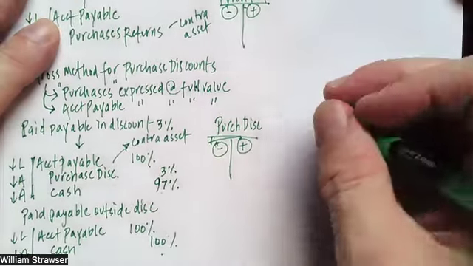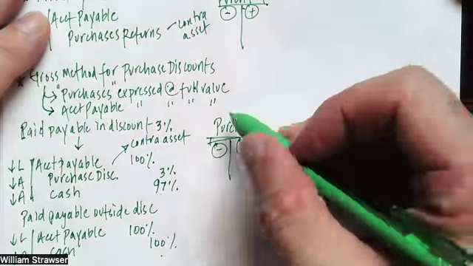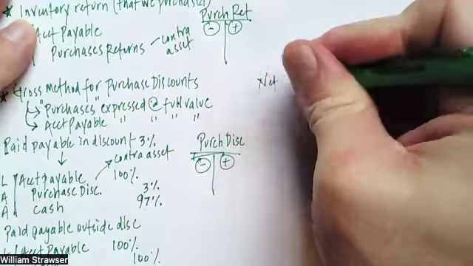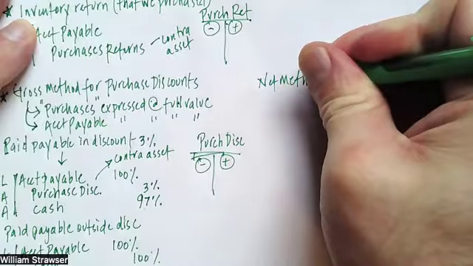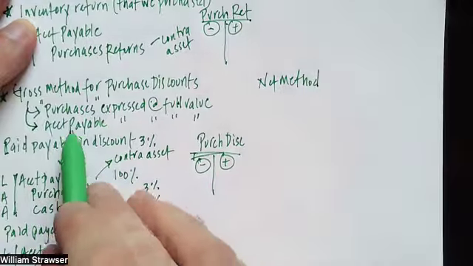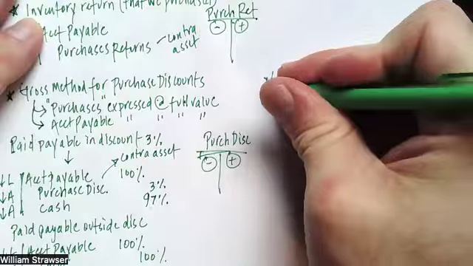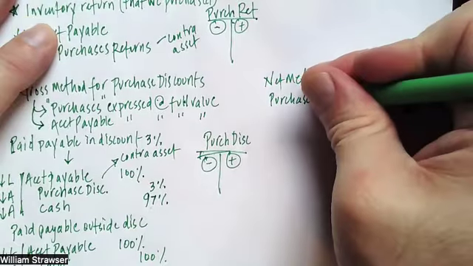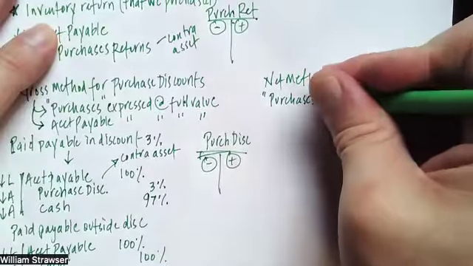And so we don't need another account running around in here to explain away why these two are not lining up. Now, on the opposite side of things, if we use the net method, then again, it's going to change these two accounts. We are going to have purchases always expressed net of discount.